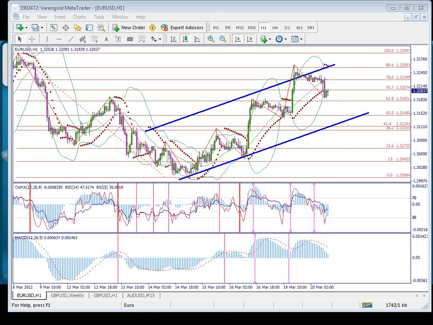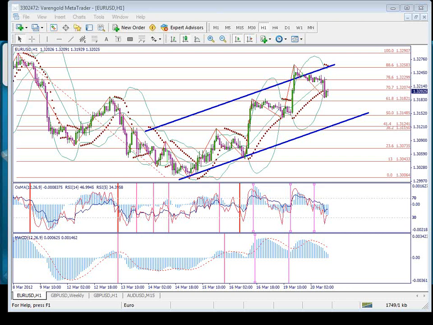There was a period when I was very curious about the relation between Australia and China, and I was trading the Aussie because I was looking at the exports of Australia to China. For all those currencies, the system is working.